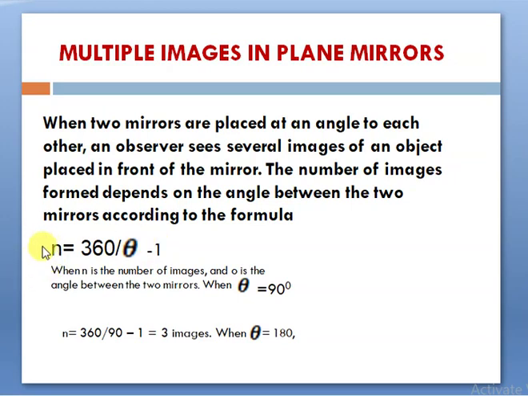Formula very important. N, the number of images formed, is equal to 360 divided by theta, where theta is the angle of inclination between the two mirrors, minus 1.